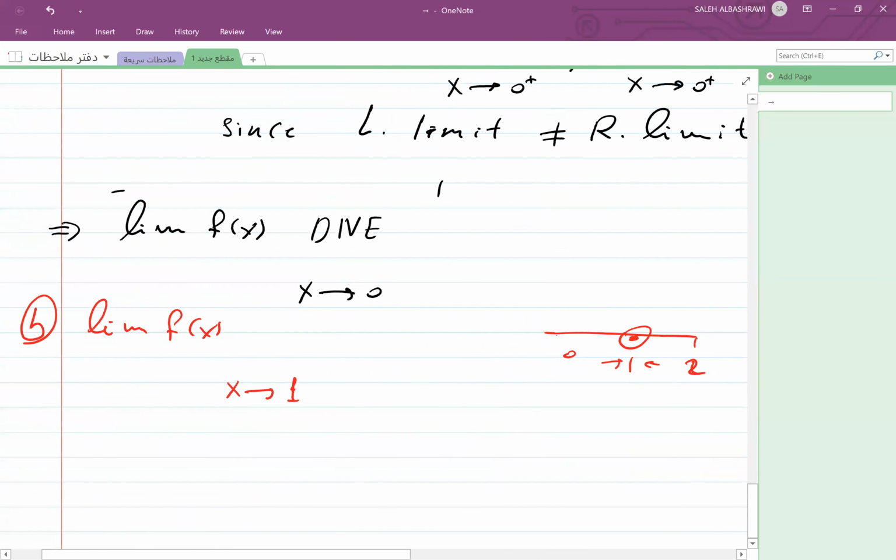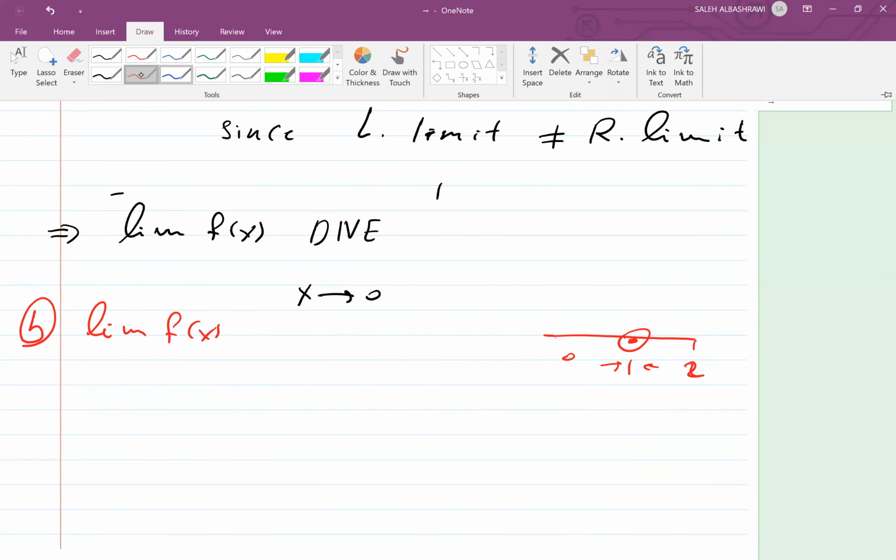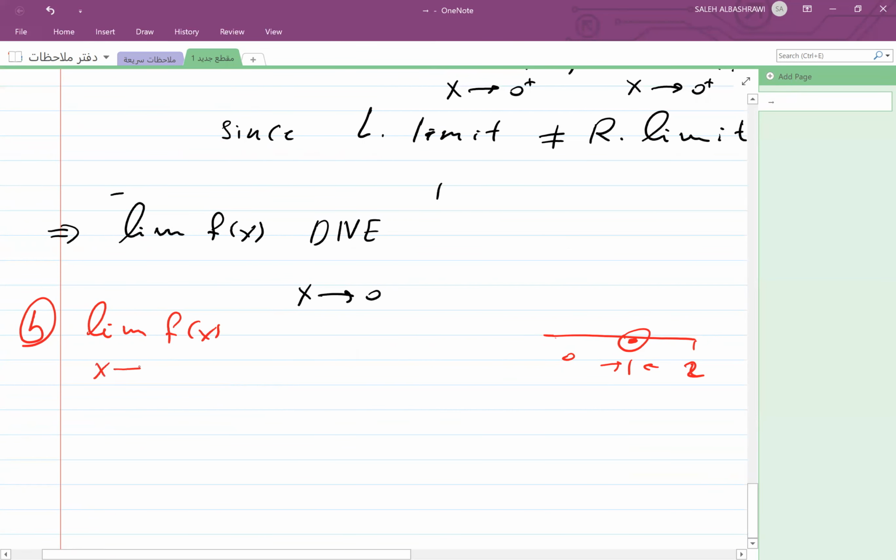So the limit when x goes to 1 is equal to the limit of the function x squared when x goes to 1. Replace x by 1, I will have 1 squared, that will be equal to 1. So the limit for the function f of x when x goes to 1 is equal to 1.